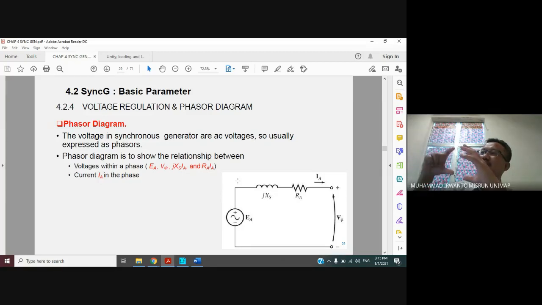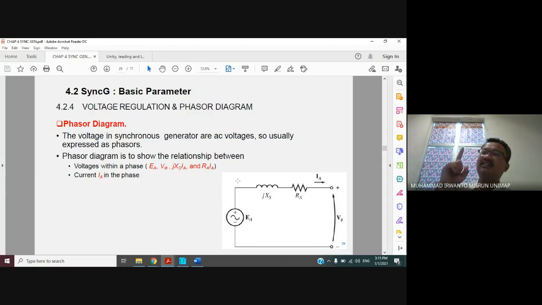In the stator, I repeat again, there is the winding, and it has the internal generated voltage, EA, and current flows through the reactance and also resistance, meaning it has voltage drop across its resistance and reactance. And last, the terminal voltage of the synchronous generator. Here we have some electrical variables.